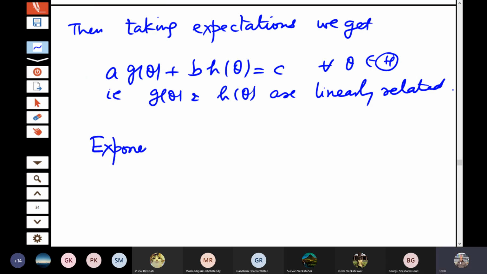Now I define the exponential family of distributions.